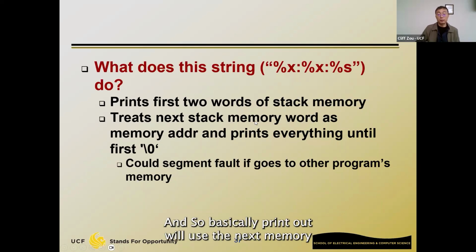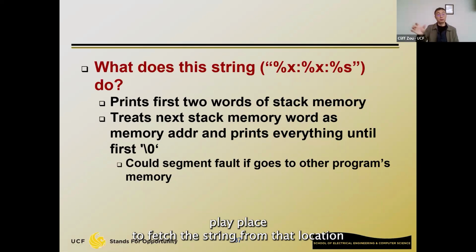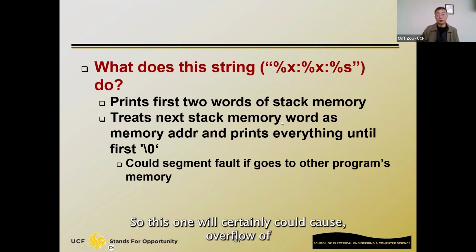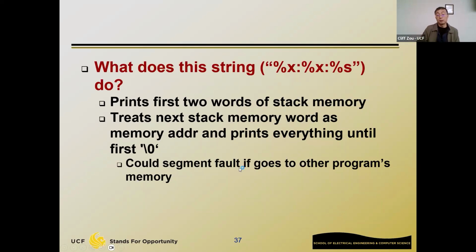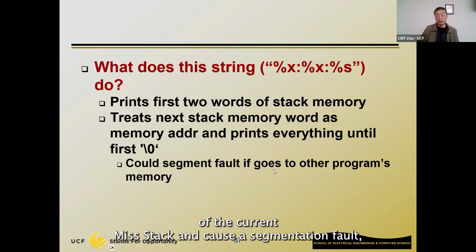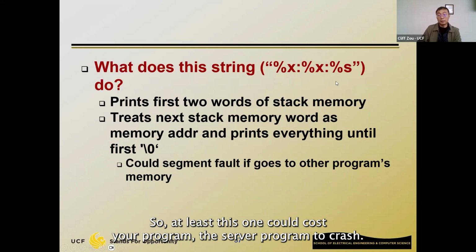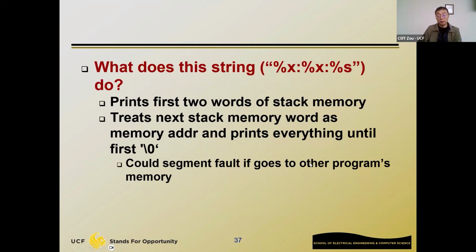Basically printf will use the next memory place to fetch the string from that location and print every byte until it meets a null byte. This could certainly cause overflow of the current stack and cause a segmentation fault. But before the segmentation fault, it could print out many other things. So at least this could cause the server program to crash.